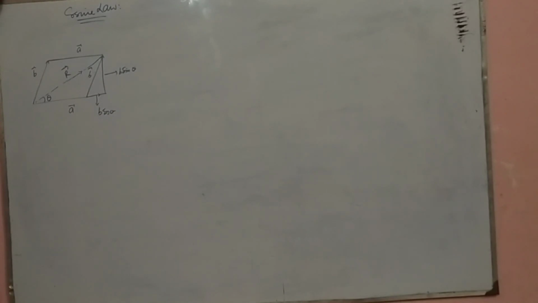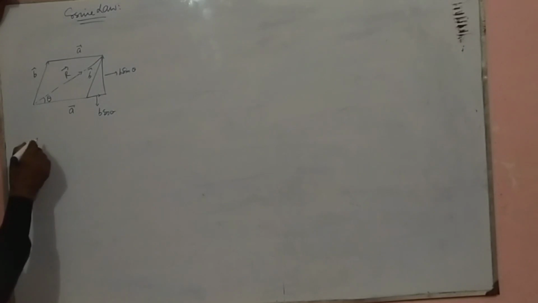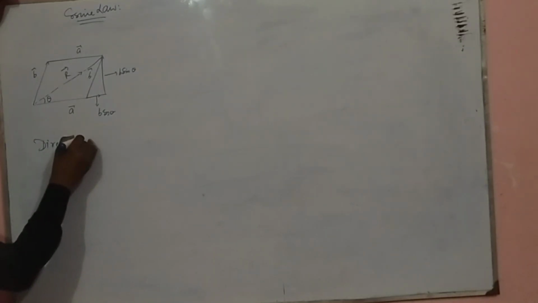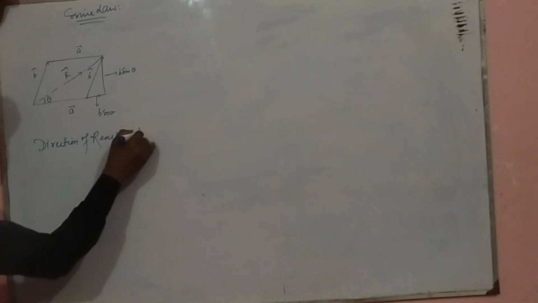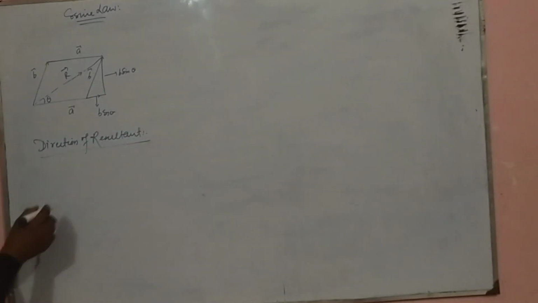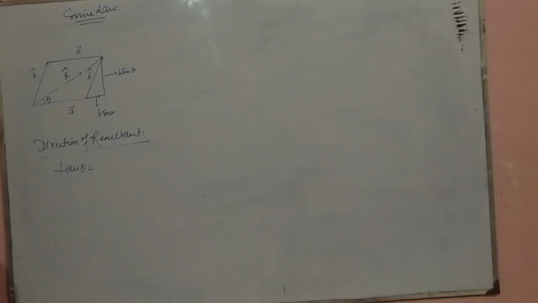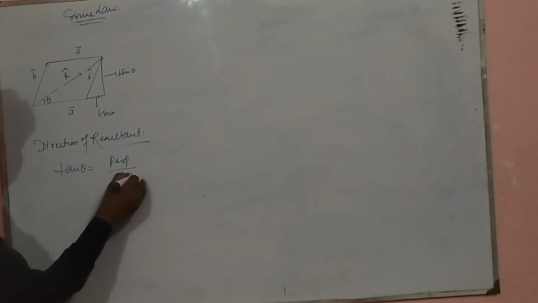For the direction of the resultant, we take tan theta, and tan theta equals perpendicular over base.